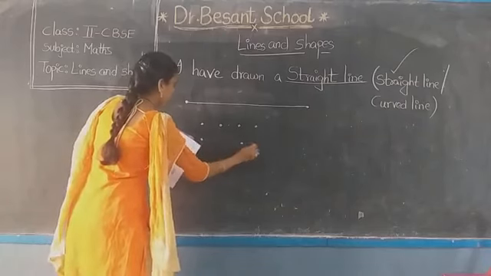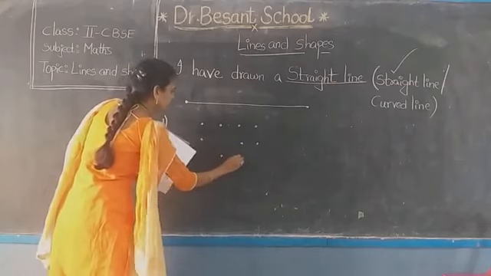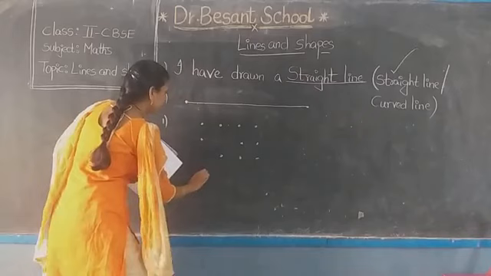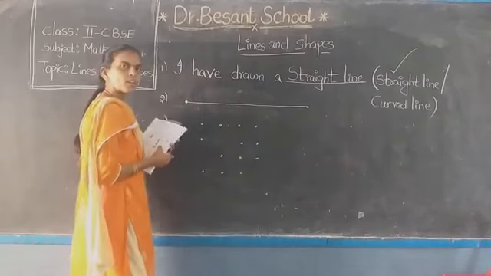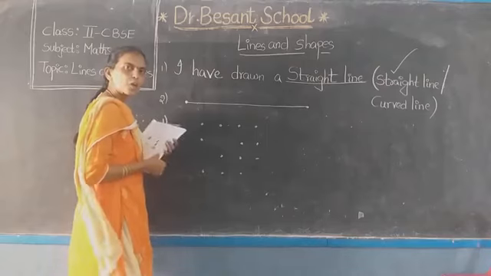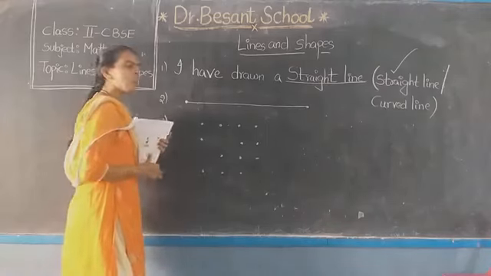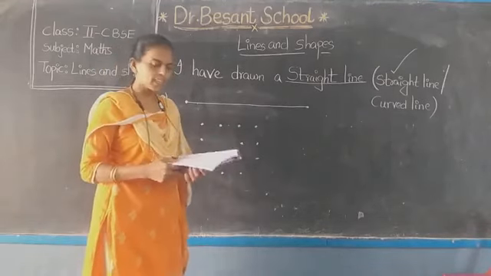Now, if you see these dots, they are asking us to draw the straight lines. So, holding the scale, you have to draw the straight lines.